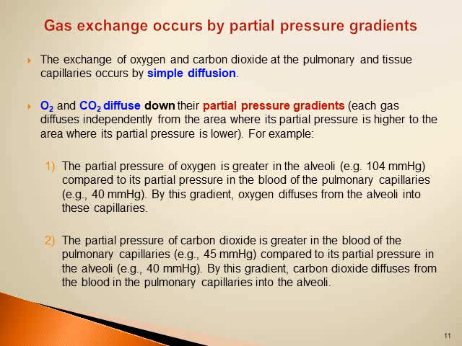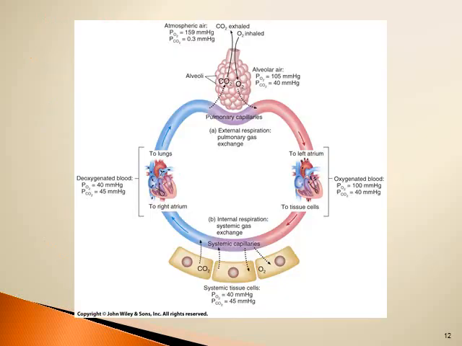It is 45 millimeter mercury compared to its partial pressure in the alveoli, which is 40 millimeter mercury. By this gradient, carbon dioxide diffuses from the blood in the pulmonary capillaries into the air that is present in the alveoli. Okay, in this figure we can see how it works. You notice here that the partial pressure of oxygen in the alveoli is 105 or 104 millimeter mercury, while its partial pressure in the deoxygenated blood that flows into the pulmonary capillaries is 40.